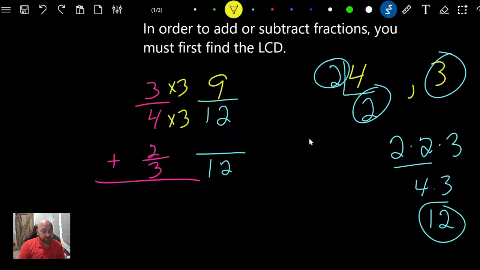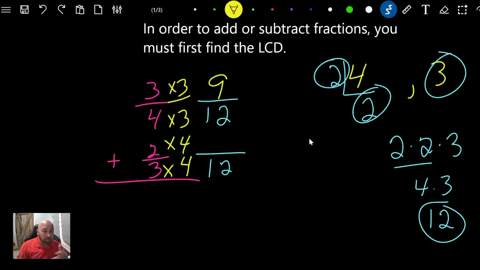9 over 12. I would do the same thing here, and you'd say 3 times what equals 12? 3 times 4 equals 12. I have to do that to the numerator as well. I have to multiply it by 4. Do you remember why? I told you this in the last lesson, right? Because we're multiplying by 3 over 3, which is 1. Okay, so we're not changing the identity of the fraction.